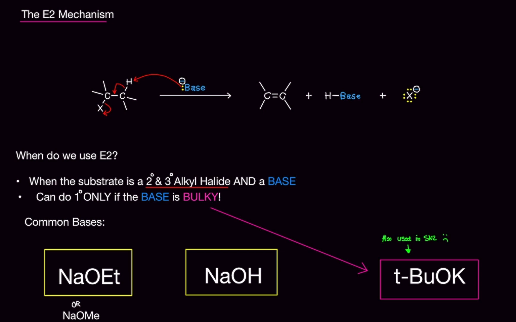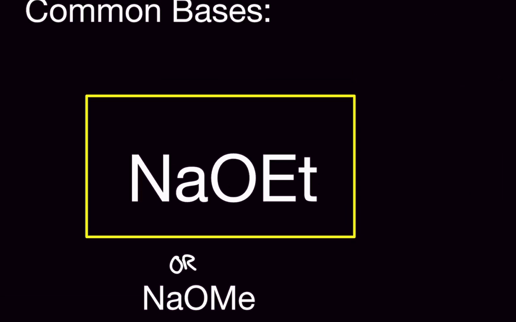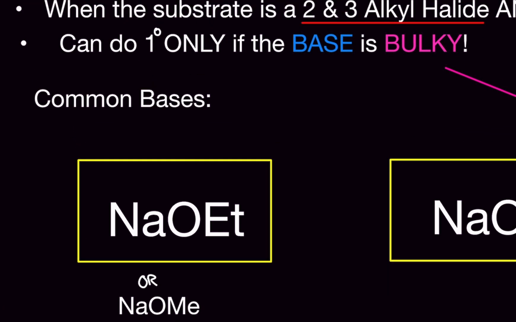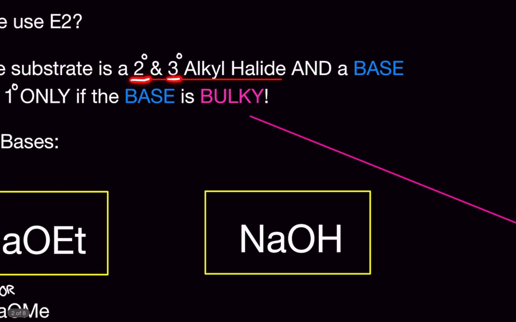So let's go over common bases you will see. On an exam, or when you do practice problems, one of the most common bases you will see is sodium ethoxide. Sodium ethoxide is not a bulky base, so it will work when you have a second degree or third degree alkyl halide.